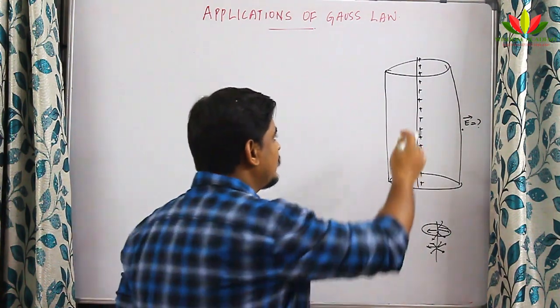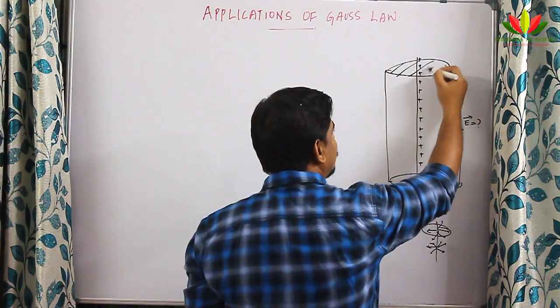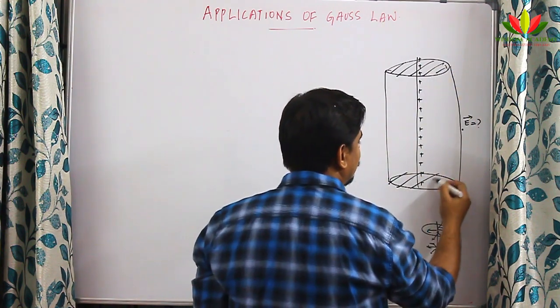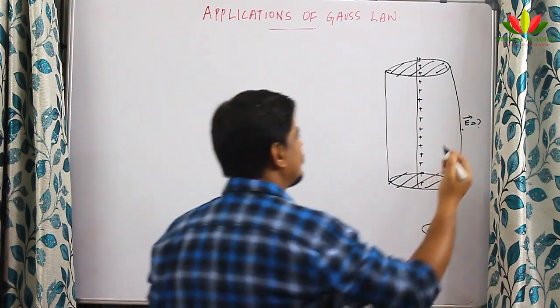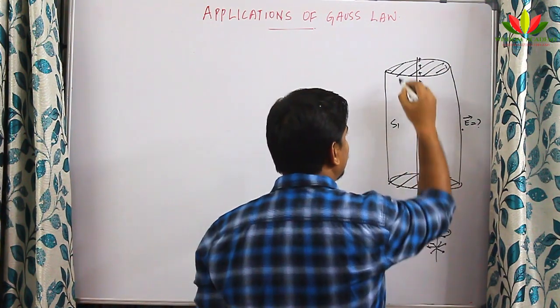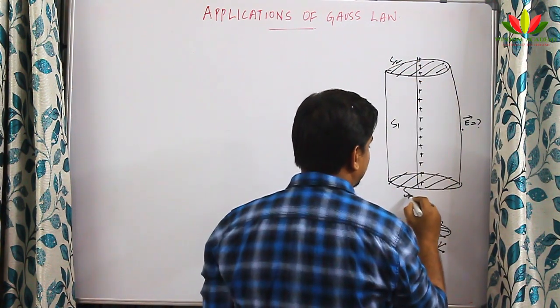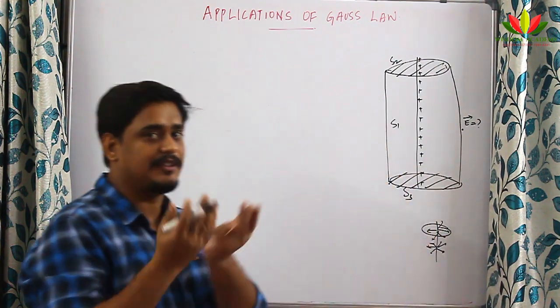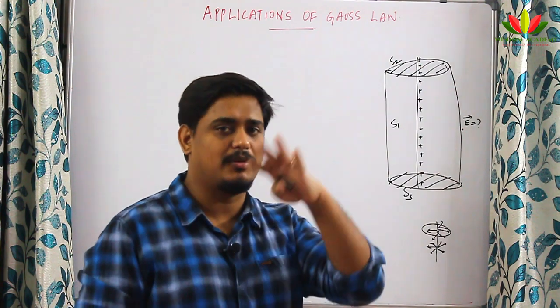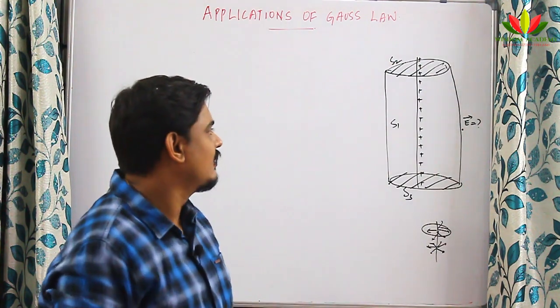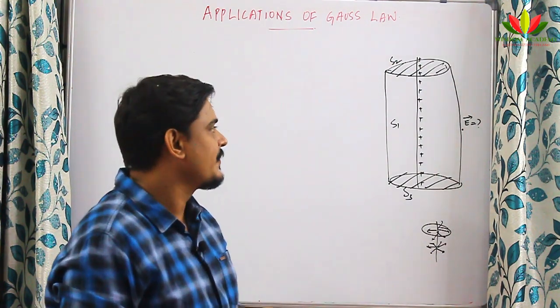I will write them as S1, S2 and S3. S1 is the curved surface area, S2 and S3 are the circles present on the top and the bottom. This is the closed Gaussian surface I have drawn for this case.